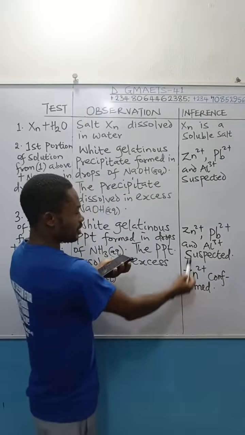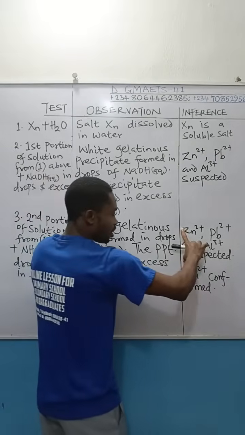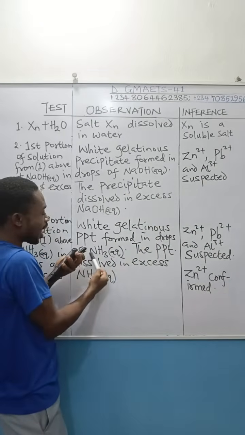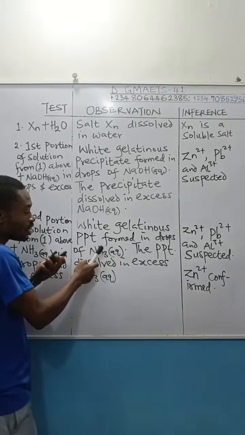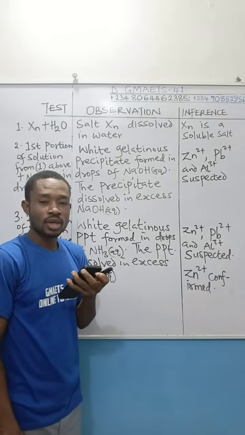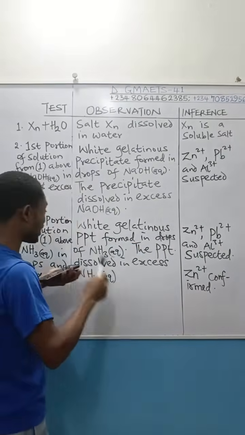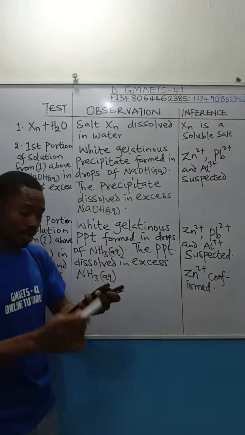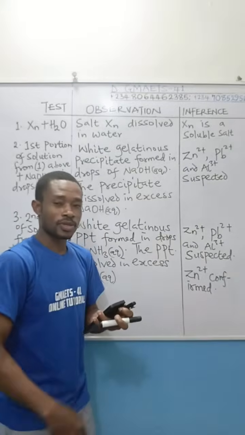Why did I present this result like this? This first line, where the 3 ions are still suspected, is when you added the reagent ammonia in drops. Because on a normal exam, your examiner can break this issue of add in drops and add in excess down. Maybe the first instruction will be add in drops.